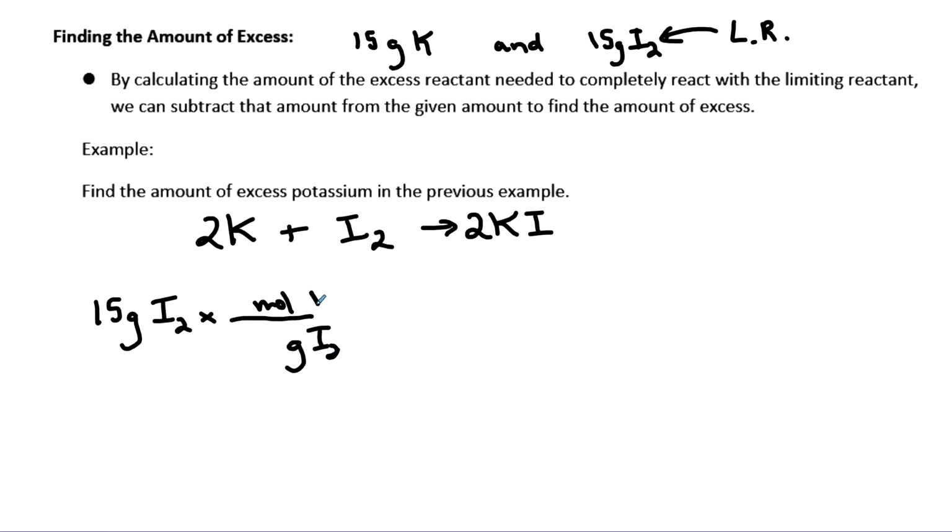I'm going to switch over from grams of iodine to moles of iodine, and to do that, I use the molar mass. The molar mass was 253.8 for iodine. That gets me into moles of iodine. Then I want to switch from moles of iodine over to moles of potassium. I'm interested in potassium right now because it's my excess reactant.